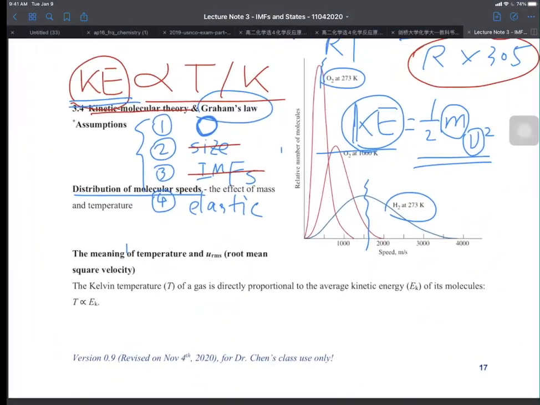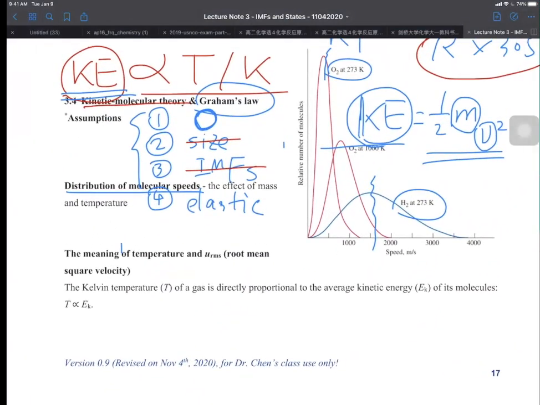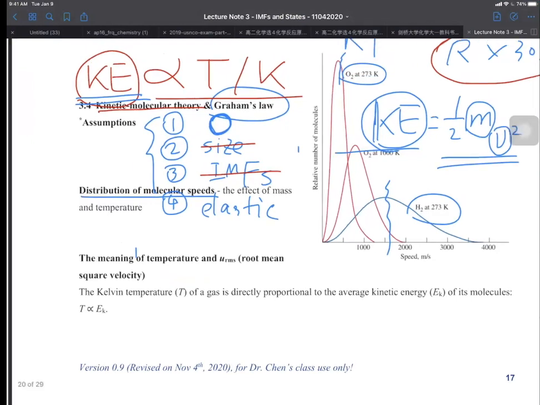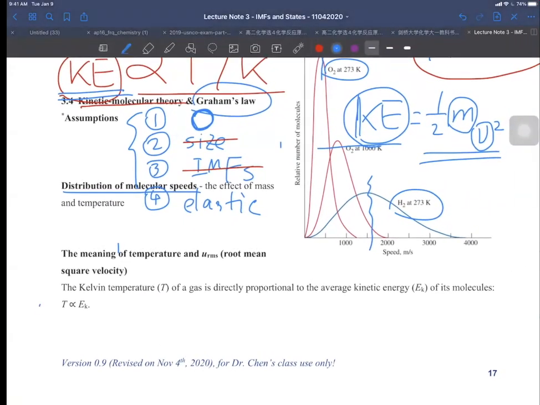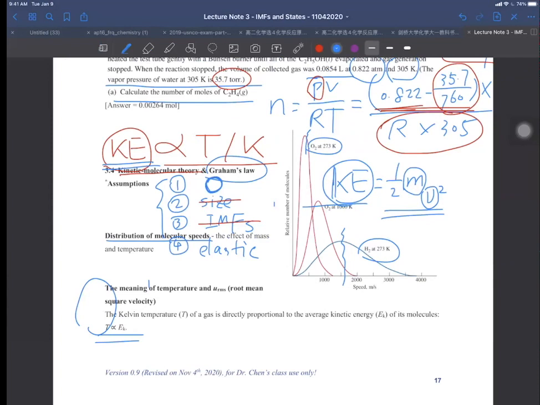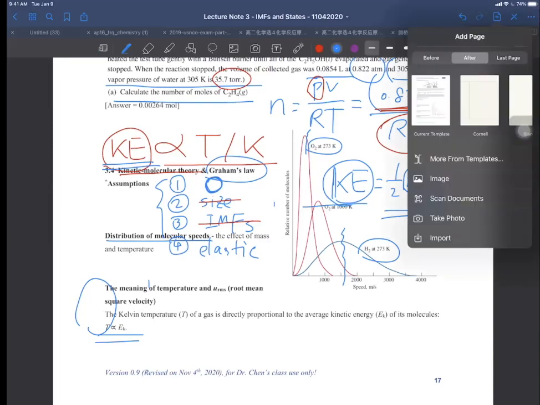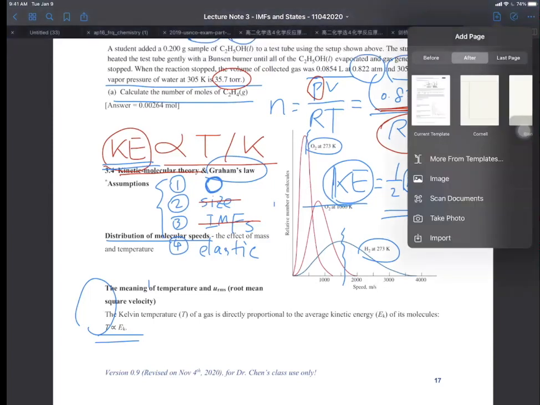Let me see. Oh, I think we already talked about the last part, right? Temperature is proportional to the kinetic energy. Or kinetic energy is proportional to the temperature, I should say. Because temperature actually determines the kinetic energy.